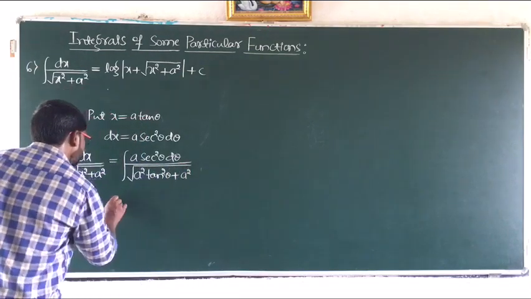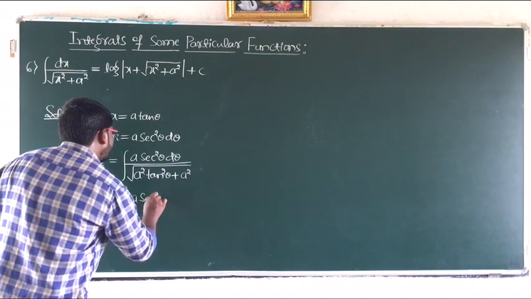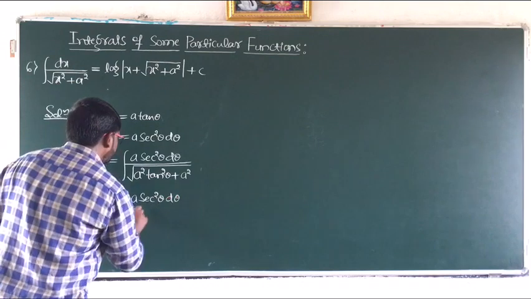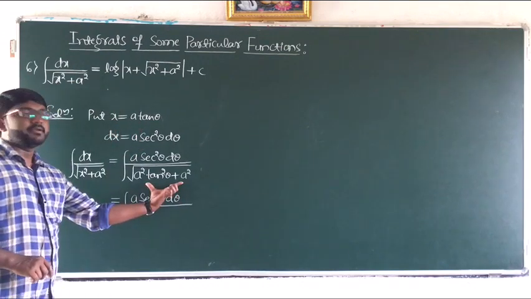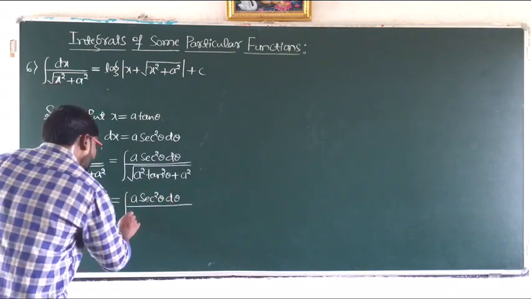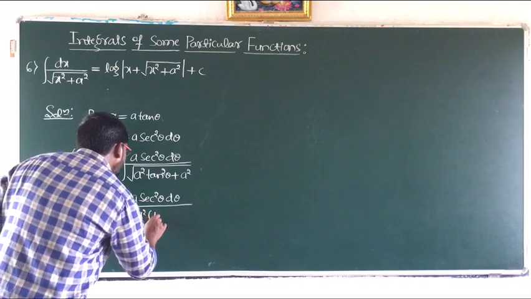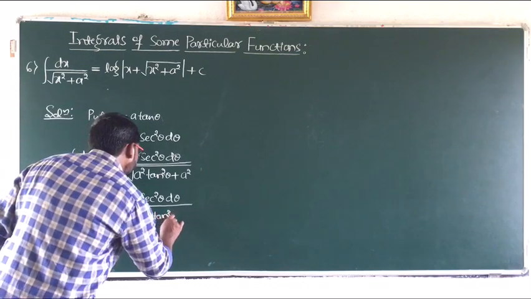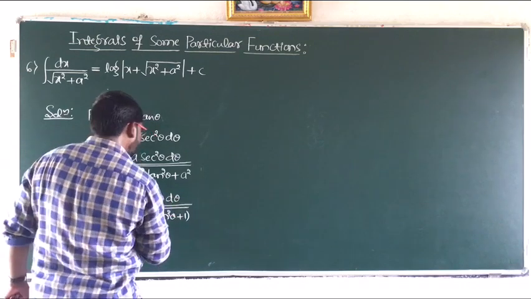Now see here, write the numerator as it is, a secant square theta d theta, then divided by, now in these two terms we can take a square common. So now it is square root a square common, we have tan square theta plus 1. So complete the root now.